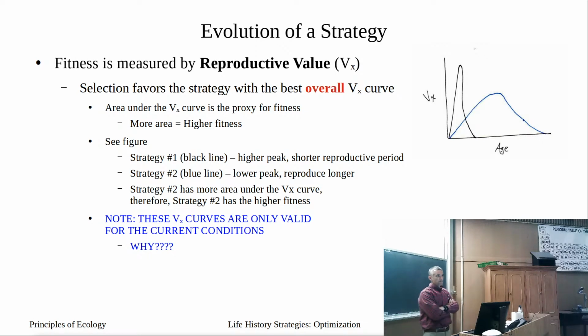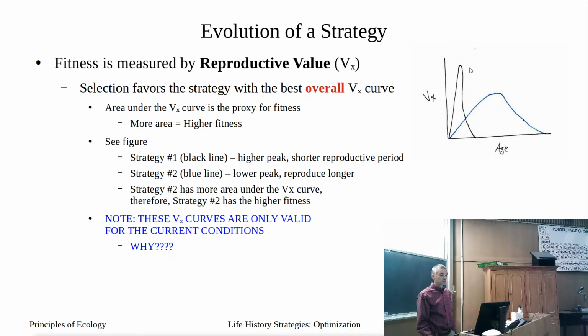But if we're going to invest in a large number of offspring, and do it over a very short period of time, that energy is now unavailable for both growth and maintenance. So the net result then is that our organism probably isn't going to live as long. It diverts that energy to reproduction at the cost of maintenance. Maybe they're going to be more susceptible to disease. Their mortality rates will go up.